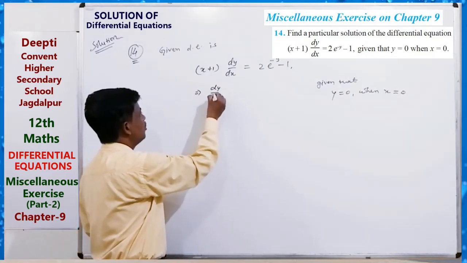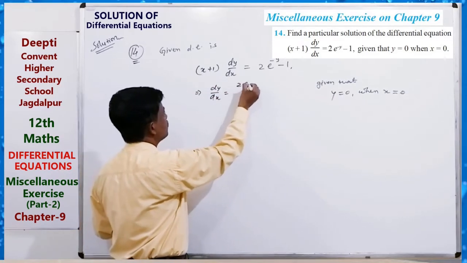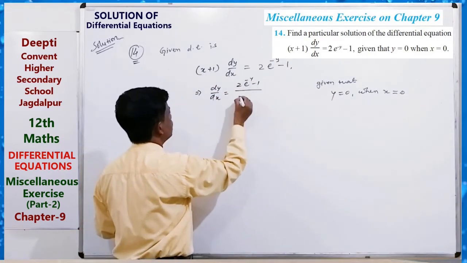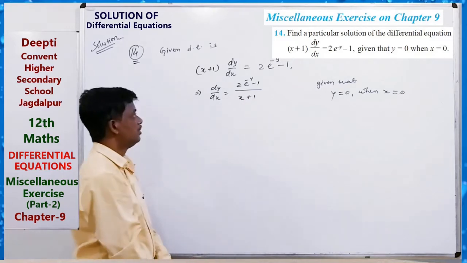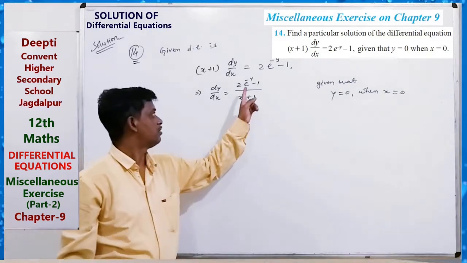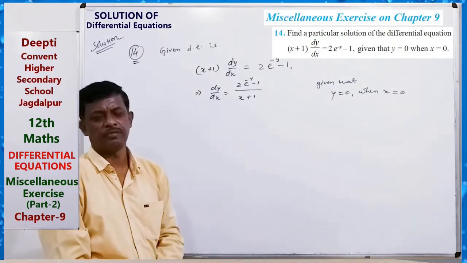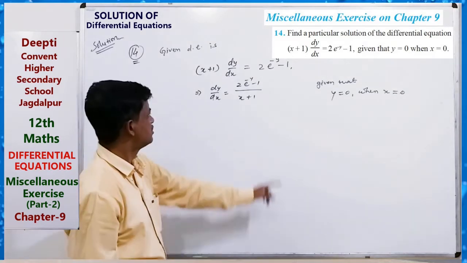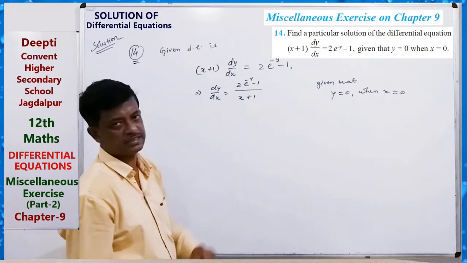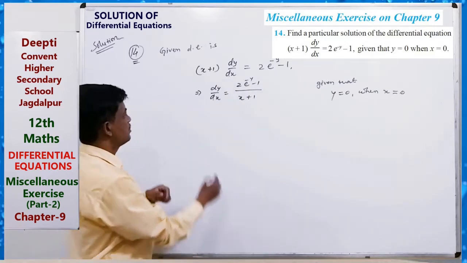Just write dy by dx equals (2 e to the power minus y minus 1) upon (x plus 1). Is it not variable separable format? Yes, it is variable separable format, because this is a function of y and this is a function of x. So very simple.